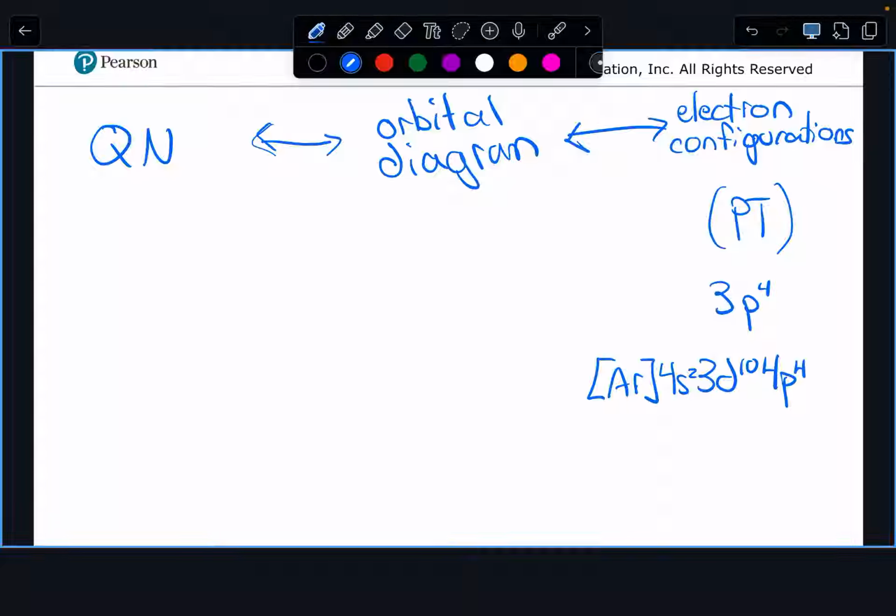We would not consider the d's to be part of the valence electrons. This is true of any main group element. It's just the s and the p. So if you're asked about valence electrons, you say there are 6 of them for selenium. And what are those 6? The 4s2 and the 4p4. The reason is because once you fill the d orbitals, they stop reacting at all. Those d orbital electrons are not going to react.